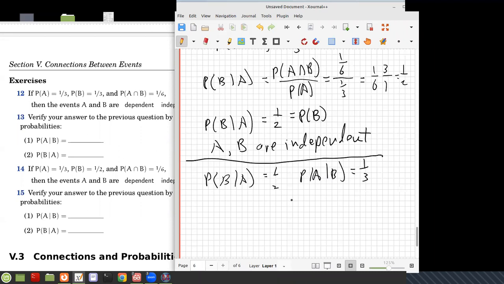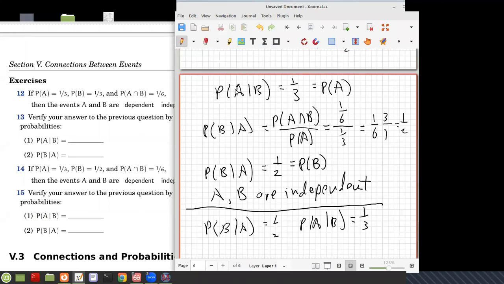So if the answer equaled either A or B, they would be independent events? Well, they're independent because the probability of B given A is equal to the probability of B, and also the probability of A given B has to equal the probability of A. If these have to both be true, in other words, even though the number is 1/3, it's not equal to 1/2, you have to have this connection.